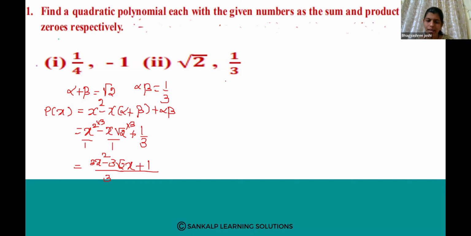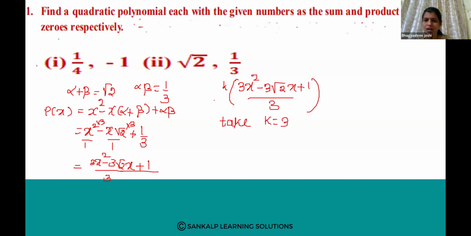So now again what I will do? I will multiply one constant term to the expression. K into 3x square minus 3 root 2x plus 1 divided by 3. Now take k is equal to 3. Why? In order to cancel the denominator.